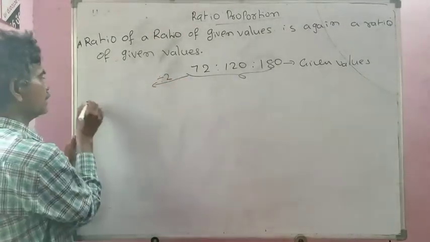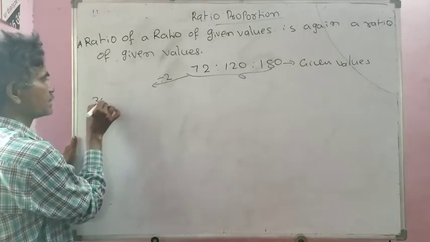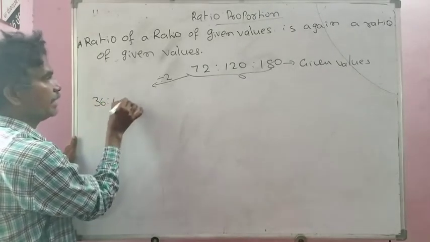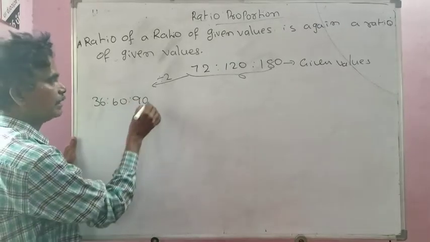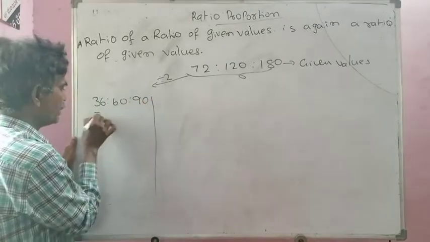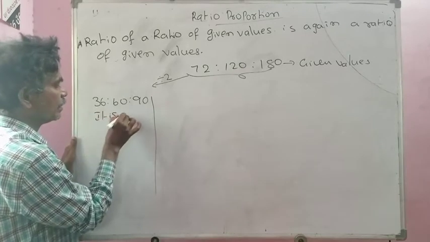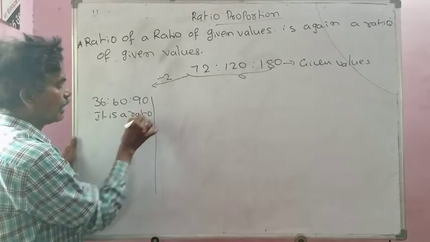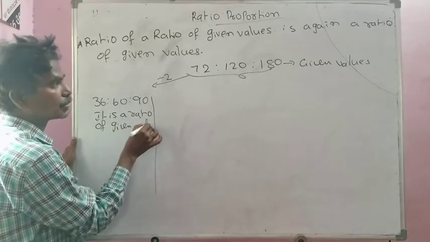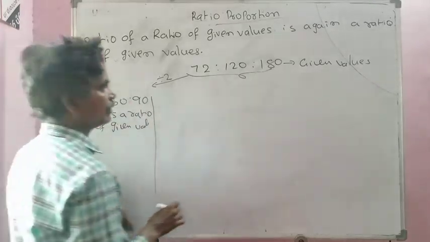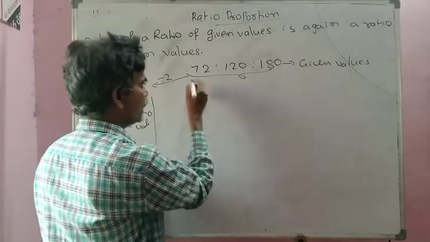Then we will get 36, 60, 90. It is a ratio of given values.